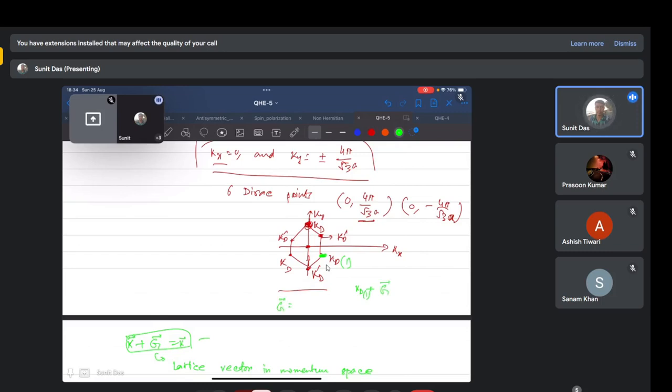Again, g is the reciprocal lattice vector, n1 b1 plus n2 b2, where n1 and n2 are integers, so it is a combination of b1 and b2. You will find that with some suitable g, you will get kd of 2, and similarly you will also get kd of 3, and so on, for the kd prime. But these two, you cannot connect with any combination of reciprocal lattice vectors.